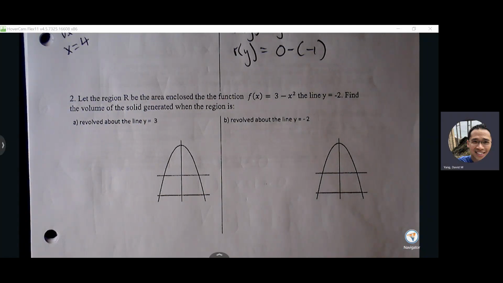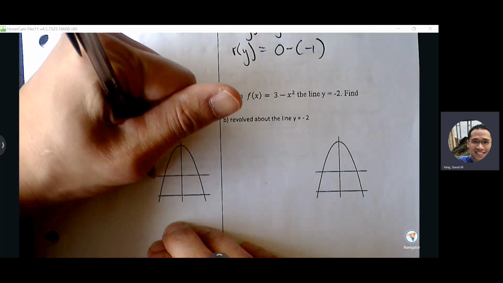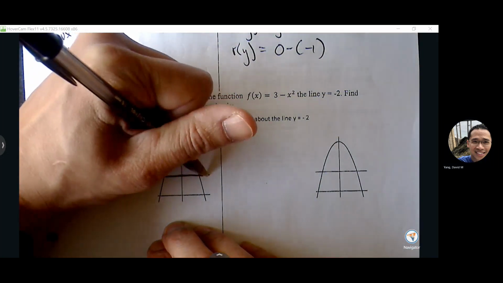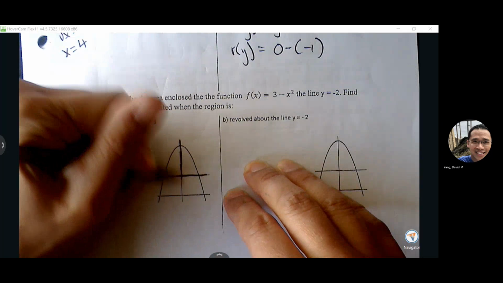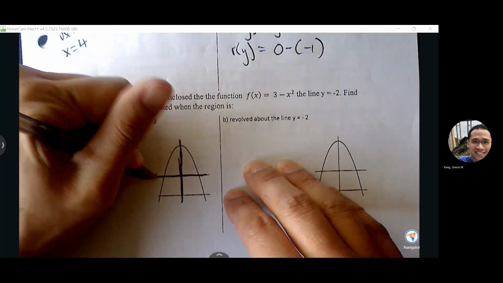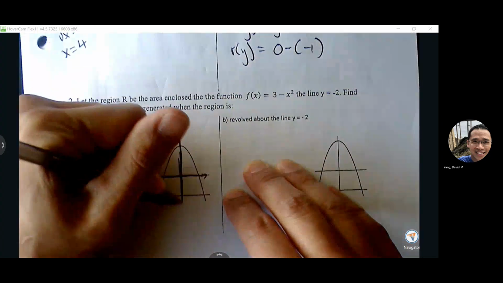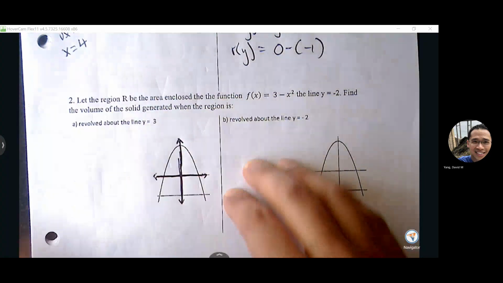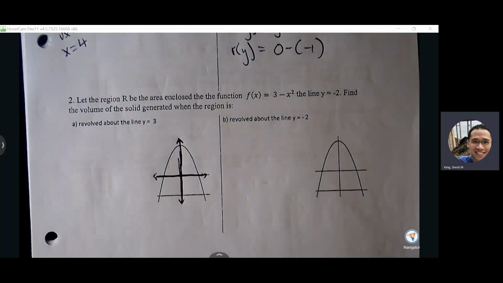Okay, let the region R be the area enclosed by the function y equals 3 minus x squared and the line y equals -2. So we have the parabola 3 minus x squared, you have the line y equals -2, and then the x and y axis are not the boundaries.